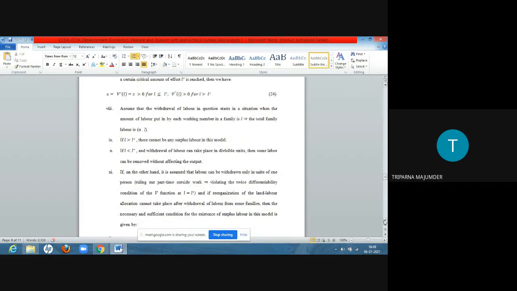If on the other hand, it is assumed that labor can be withdrawn only in units of one person, this rules out part-time or outside work, and it violates the twice differentiability condition of the V function at L equal to L star.